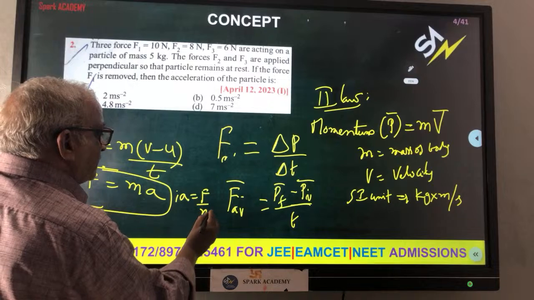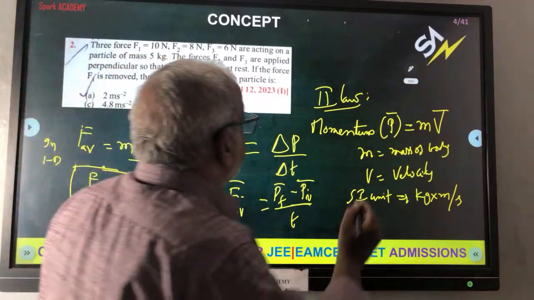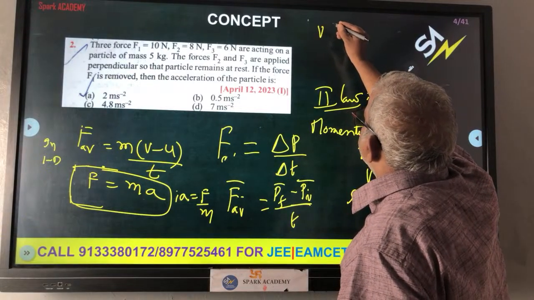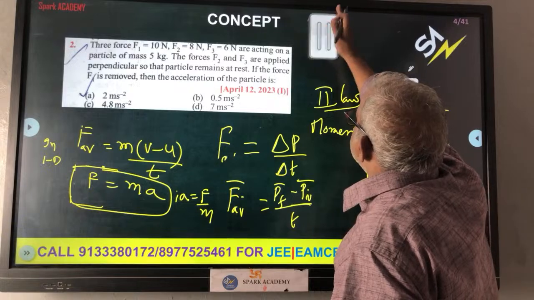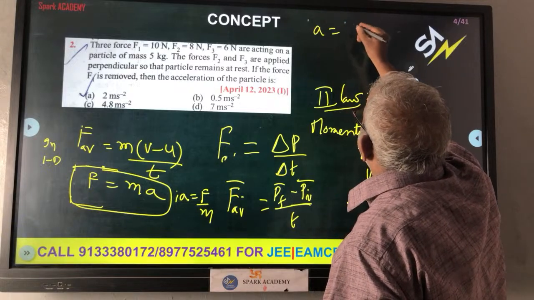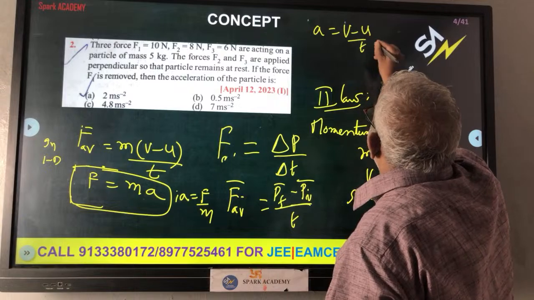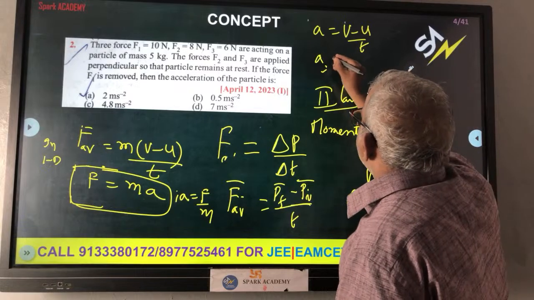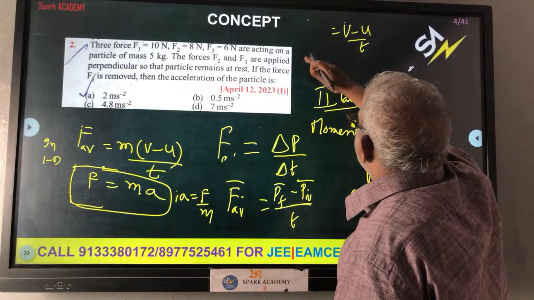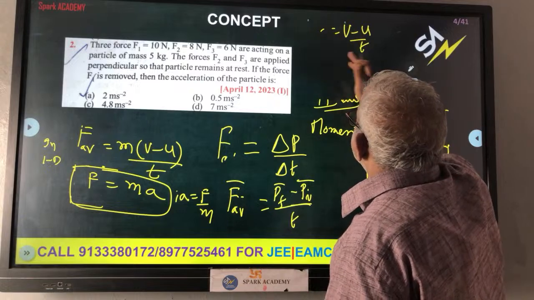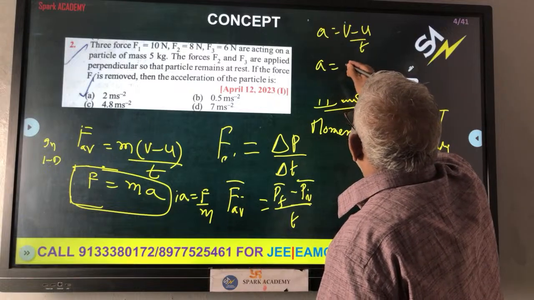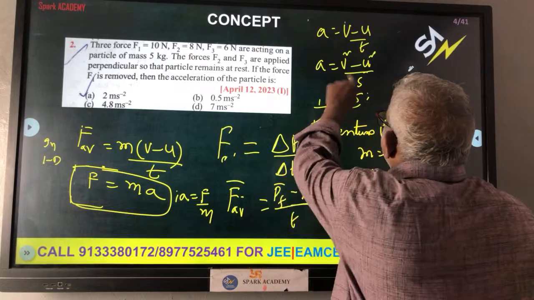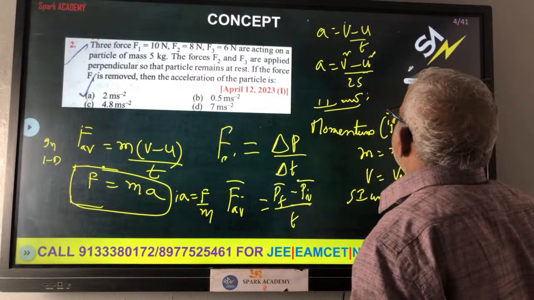So to calculate acceleration, one has to know the kinematics equations. What are the kinematics equations? We know v equals u plus at. From that, a is equal to v minus u by t. You remember this from the previous chapter, motion in a straight line. Acceleration can also be calculated by v square minus u square by 2s, because we know v square minus u square is 2as.